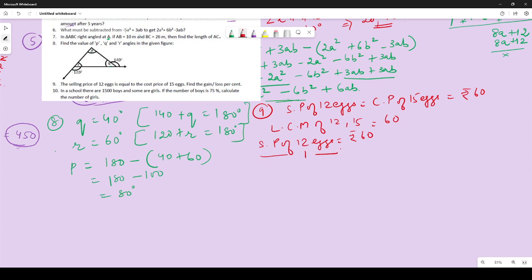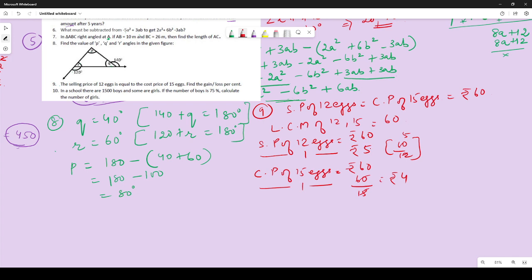SP of 1 egg is equal to rupees 5, which is 60 by 12. Let us find out the CP. CP of 15 eggs is equal to rupees 60. CP of 1 egg will be equal to 60 by 15, that is equal to rupees 4.